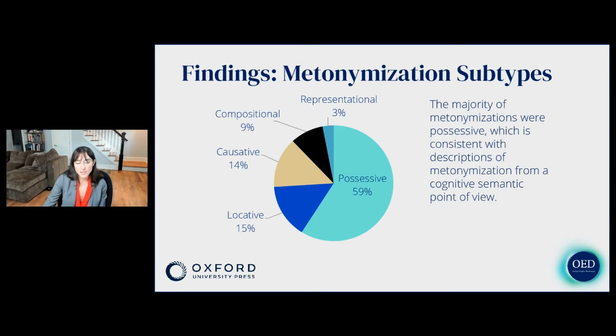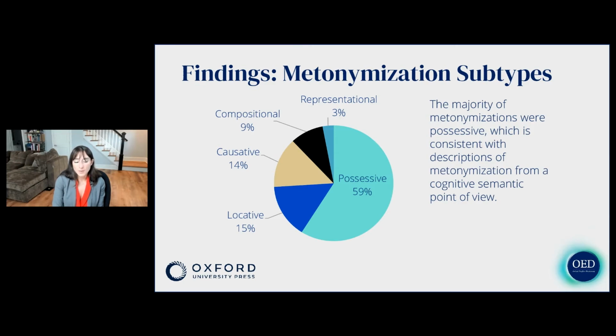To that end, we see that possessive metonymization was the most productive form of metonymization, and this again makes sense when you think about it from a cognitive point of view and from the point of view of efficiency of communication.